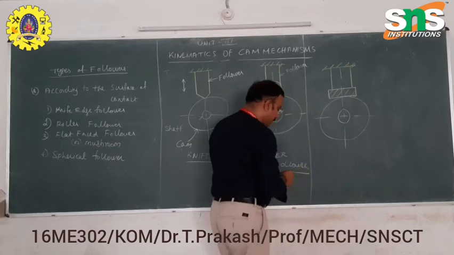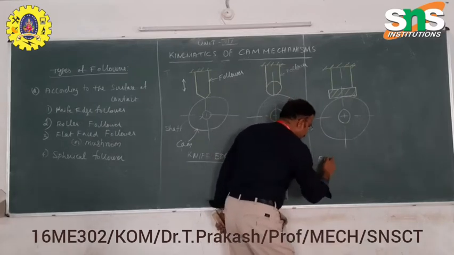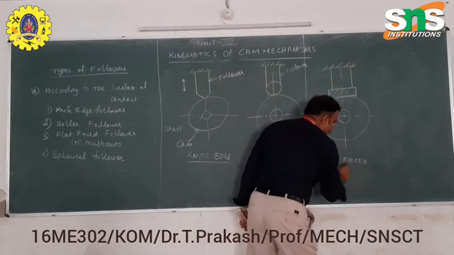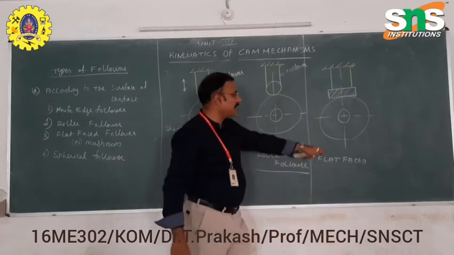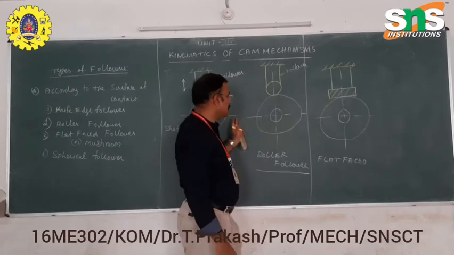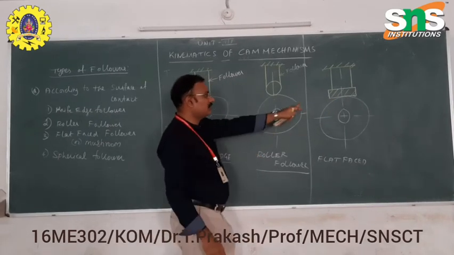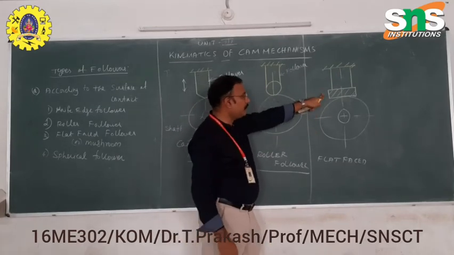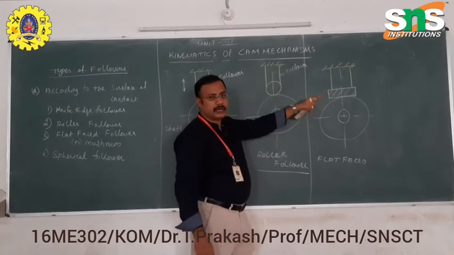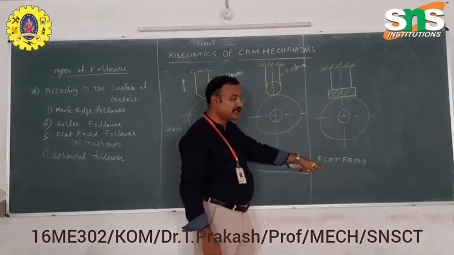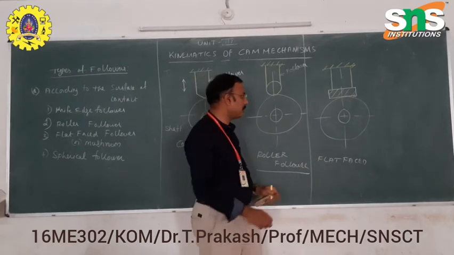It is called a flat faced follower. What is the advantage of the flat faced follower? Since it is flat, there will be more contact area, therefore the wear and tear is very less compared to the knife edge and roller follower, and also the thrust will be very less compared to the knife edge and roller follower. This type of follower is mostly used in all the automobiles, all the engine mechanisms, and nowadays we are using only these flat faced followers.